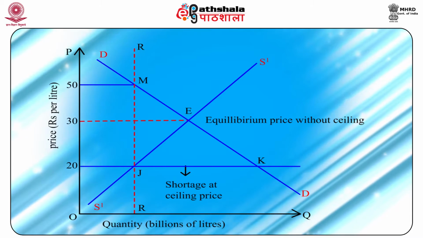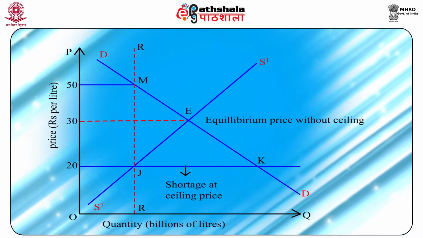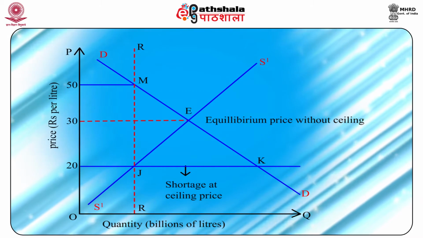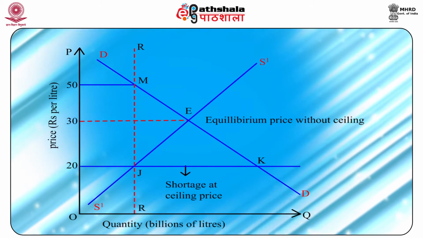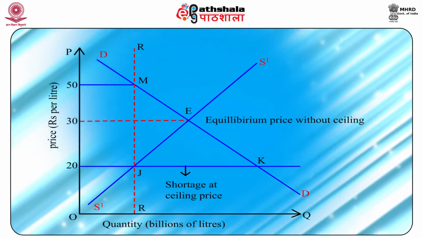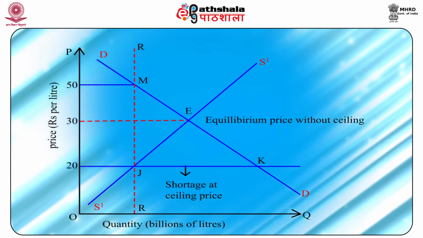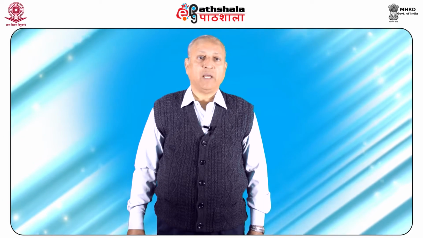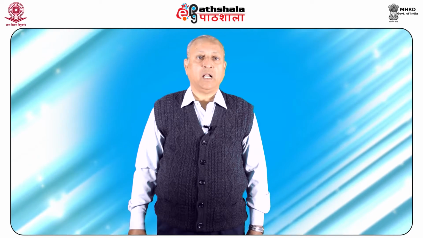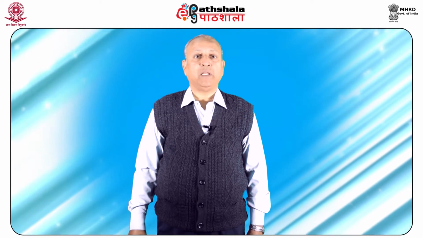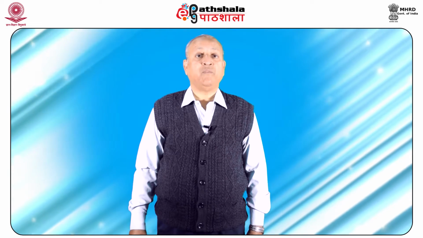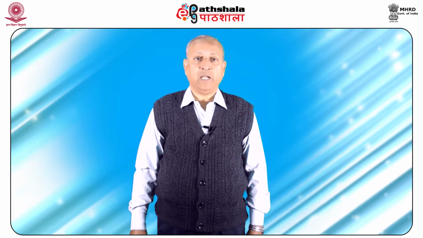So it is important that demand and supply is matched, and this can be done only if there is a control in terms of rationing the amount of petrol that can be given to each vehicle owner. Otherwise, if the open market forces are allowed, then the price might actually go up to 50 rupees, which would be very damaging.